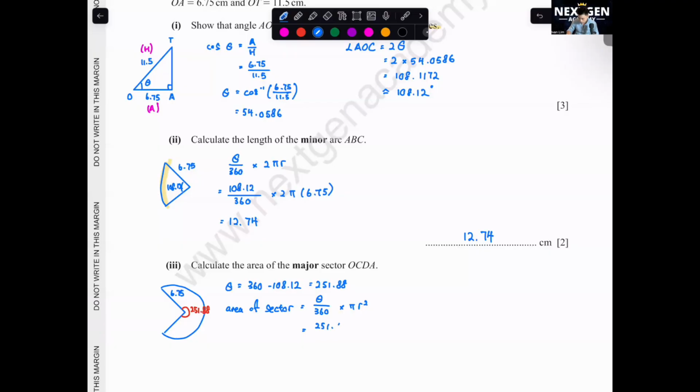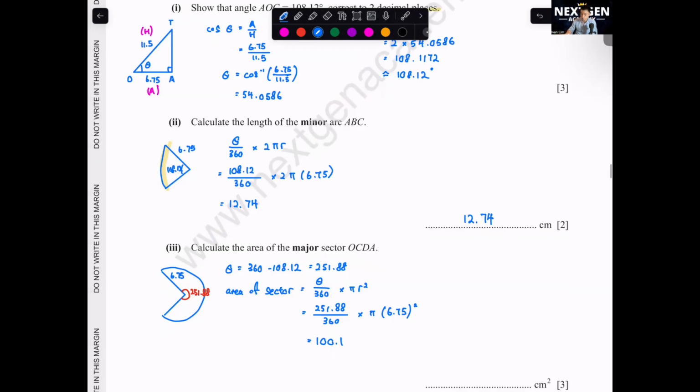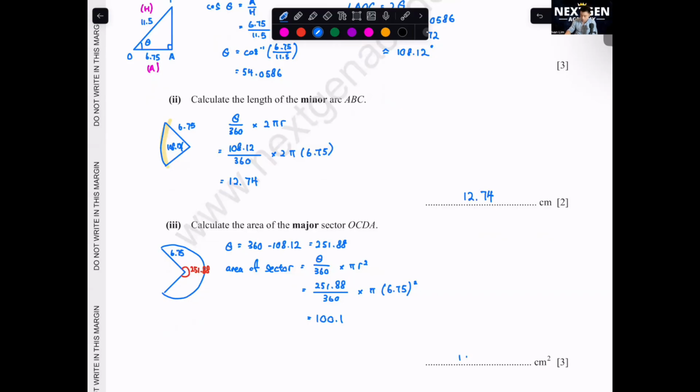So 251.88 over 360 times pi 6.75 squared. We'll get 100.1 cm squared. You can write 100, also can. For me, if it's an irrational number, I like to write one more extra decimal place.